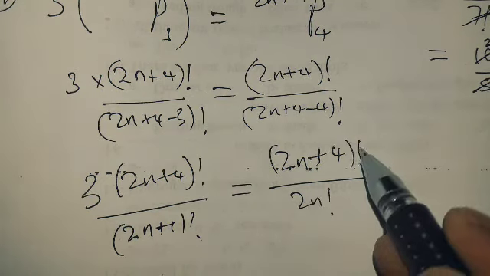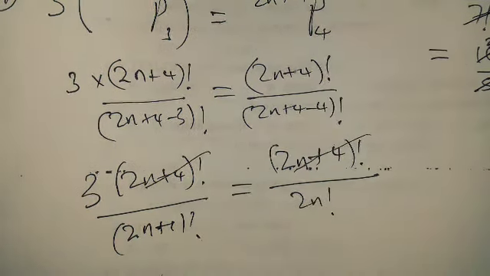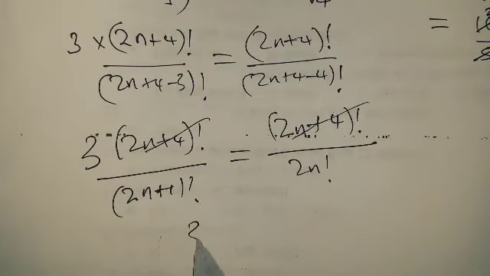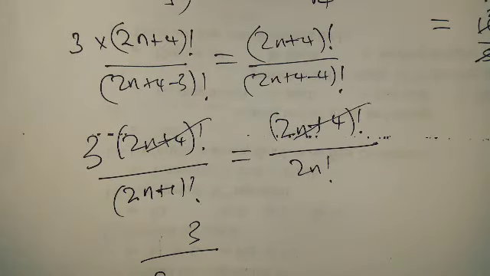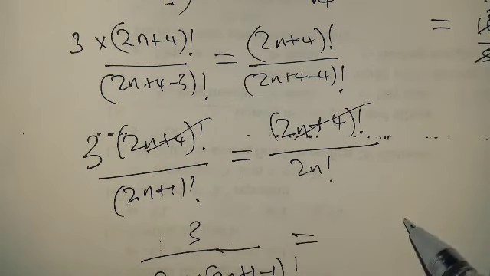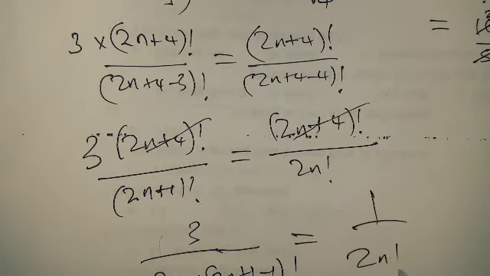So now this one will go with this. We have 3 over 2n plus 1 into 2n plus 1 minus 1 factorial is equal to 1 over 2n factorial.